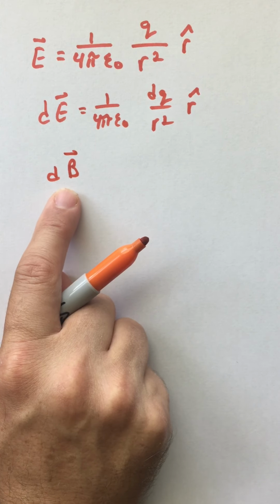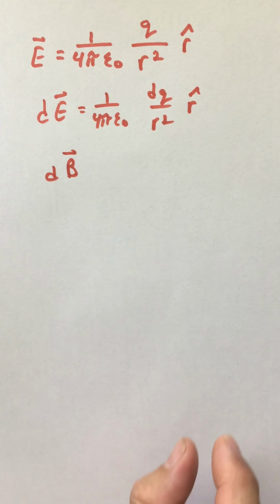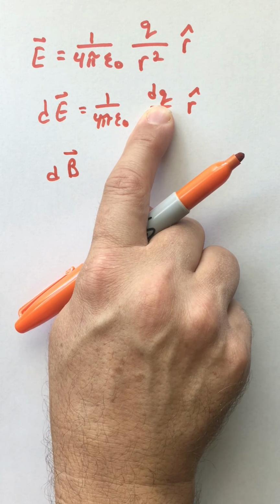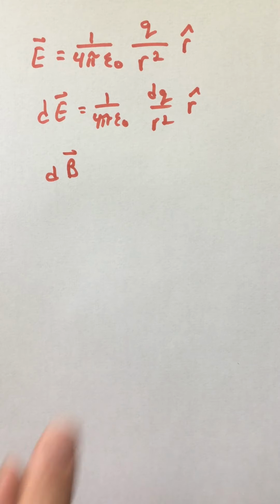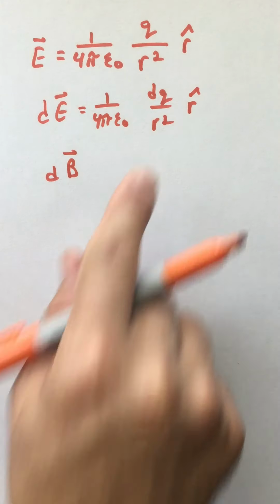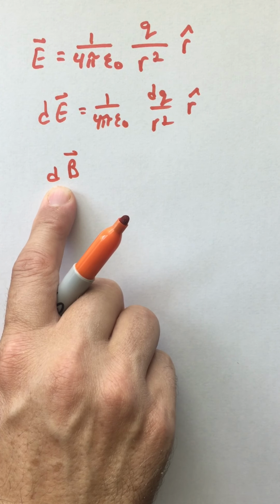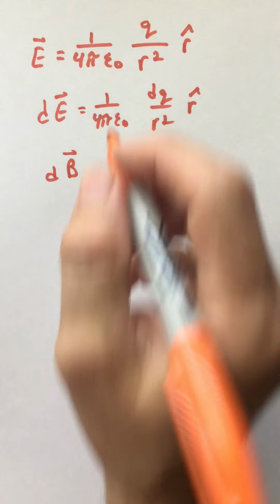The magnetic field contribution due to some small element of current. We have dq for charge, we're going to have some di for current. I'm going to write it a little bit differently and then show you how it got to what I'm going to write down. But I have some current element that contributes a little bit to the magnetic field, just like I had some charge element that contributed to the electric field.